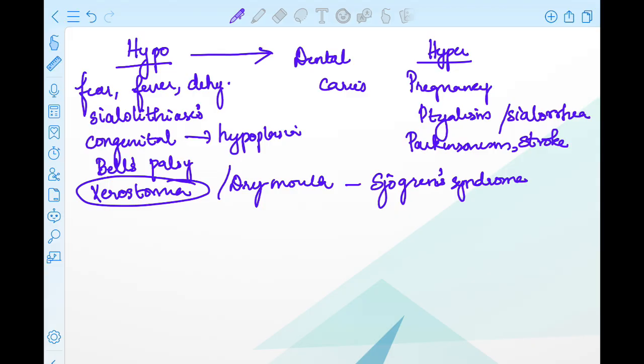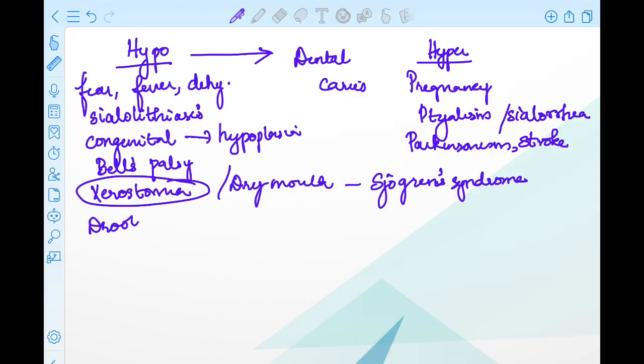This xerostomia can result in difficulty in swallowing, and also we know if there is no saliva, there is difficulty in speech, and it can also lead to halitosis or bad breath.